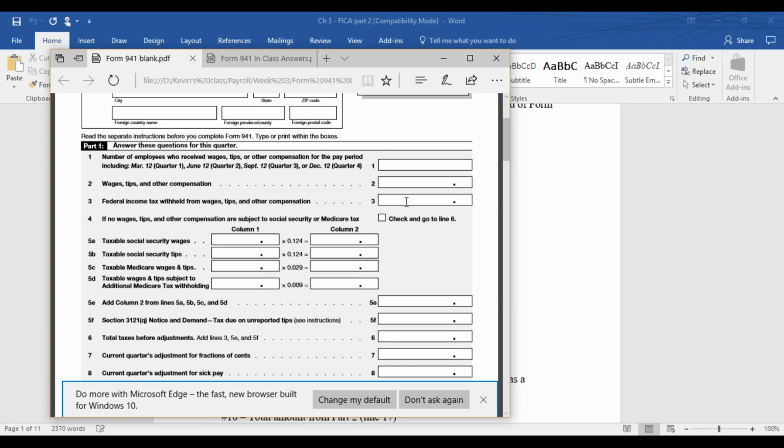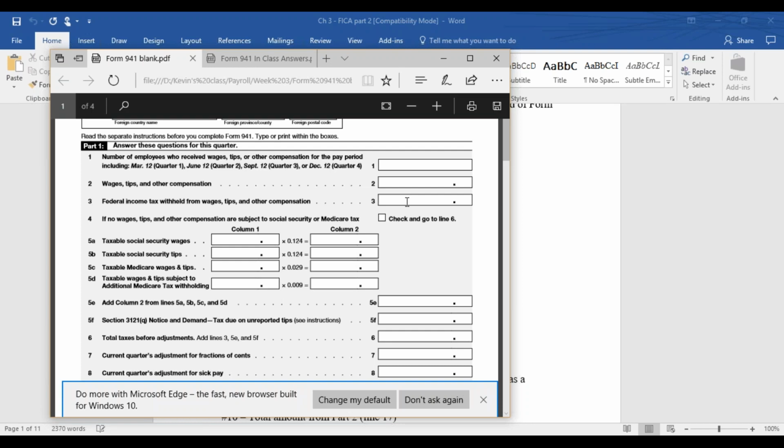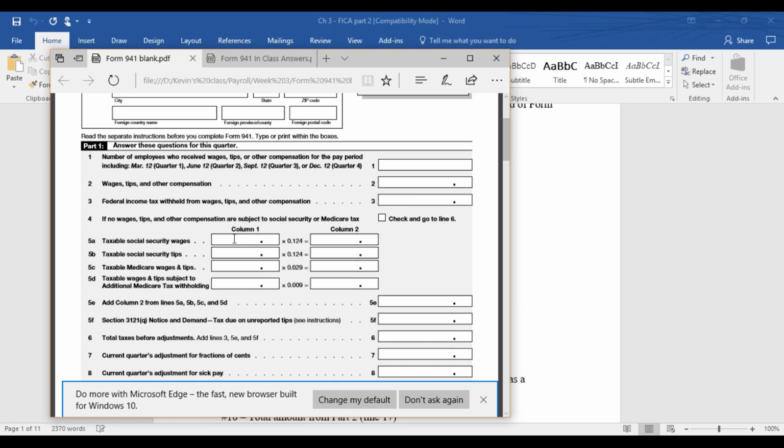So line 3 is simply for the quarter, how much in federal withholdings did you have collected? Notice these are all quarterly amounts. This one would say how much in taxable Social Security did you have for that quarter. Notice then you multiply by 0.124, and if you're quick, you'll notice that this is double the employee rate.